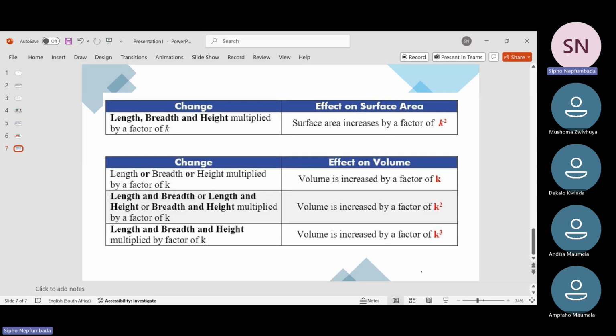So I think the better thing that we can do now is the example so that we can see what we are talking about. I think we can go to the example. Are you ready? Yeah, let's get to the example.